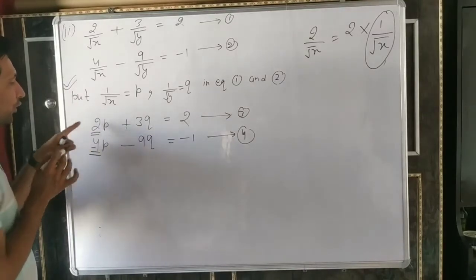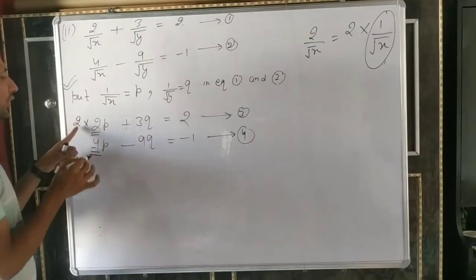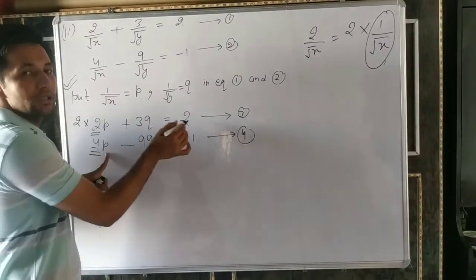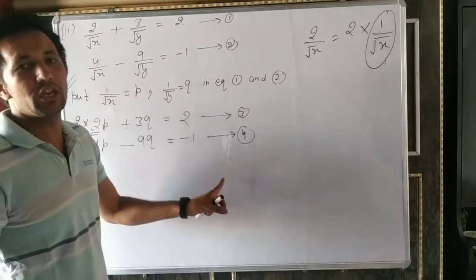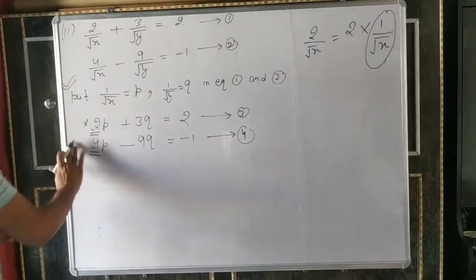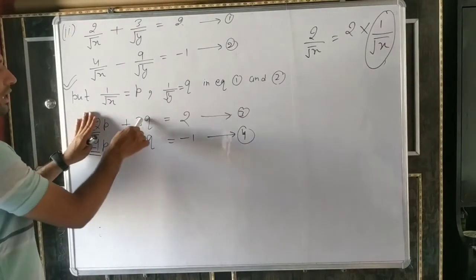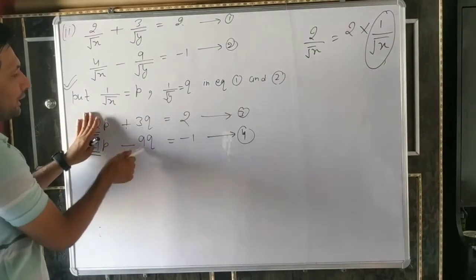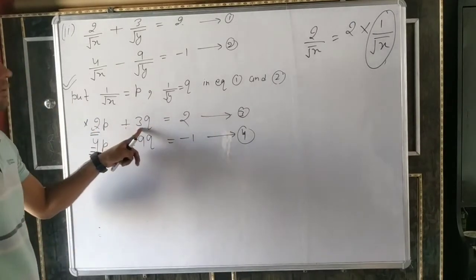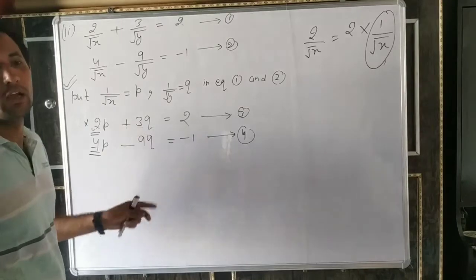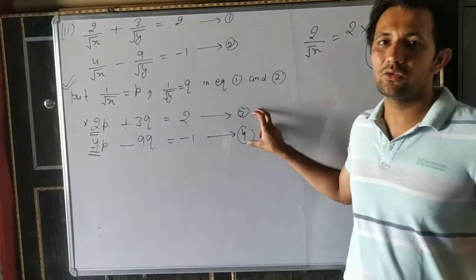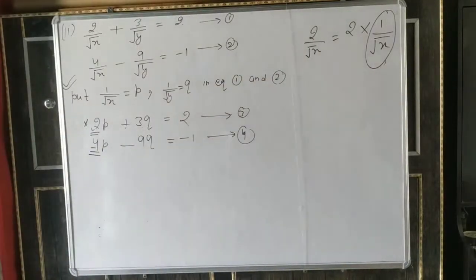Then it becomes 4. 2 into 2, 4p, and 6q, multiply equation 3 by 2. Otherwise, you can make the coefficient of q equal too. What number do you multiply? Multiply equation 3 by 3. Understand? 3 into 3, 9. So any one you can use. Do it yourself. It is a very easy question.